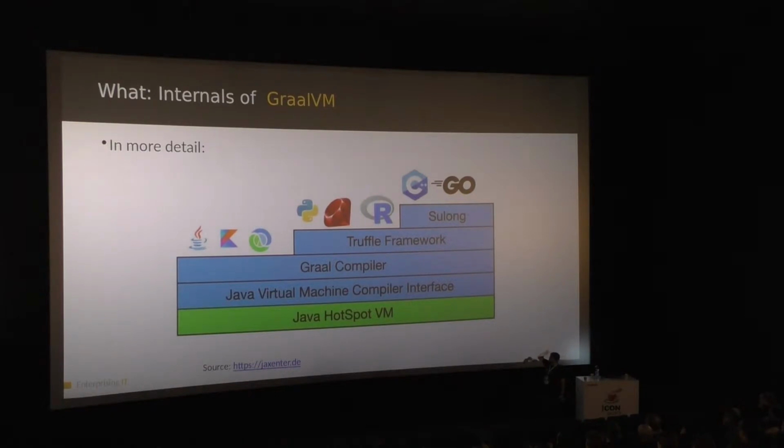On top of Truffle is sitting Sulong, and Sulong allows it to run any language that goes through LLVM. Hands up, who knows what LLVM is? Okay, some people. LLVM is part of some C compilers, as well as C++ and Go, and can emit something called bitcode.